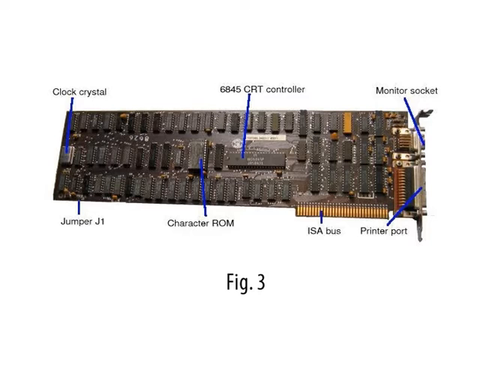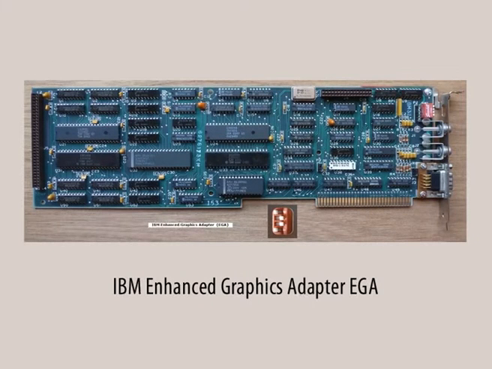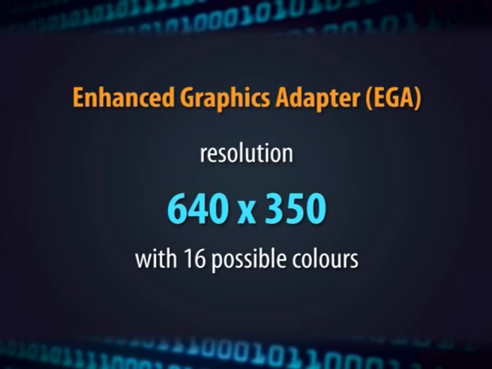Figure 3 shows Hercules graphic cards with parts annotated. In 1984, IBM developed Enhanced Graphics Adapter EGA, which superseded and exceeded the capabilities of the CGA. It offered a resolution of 640 by 350 with 16 possible colors.